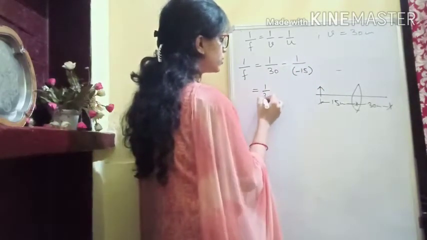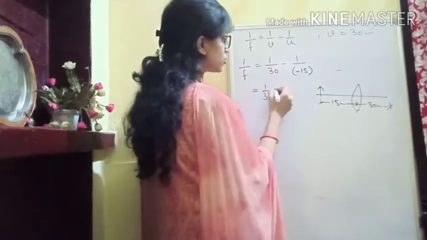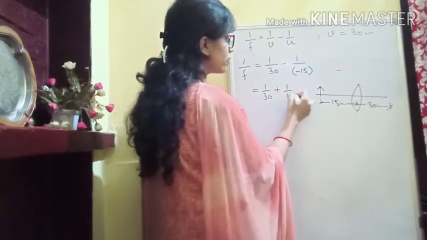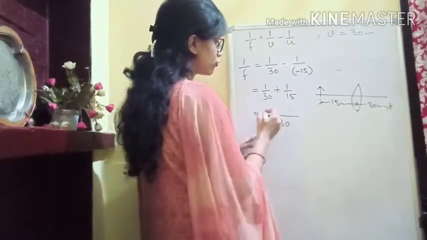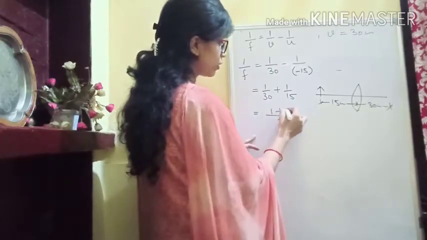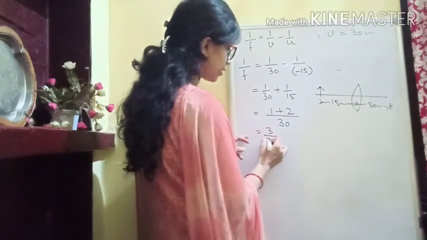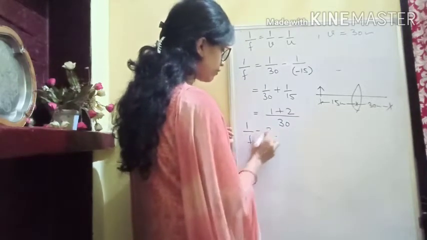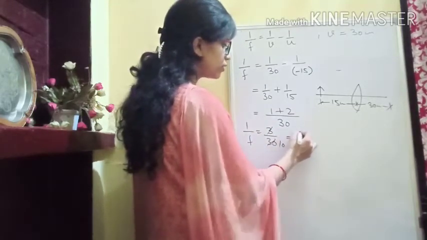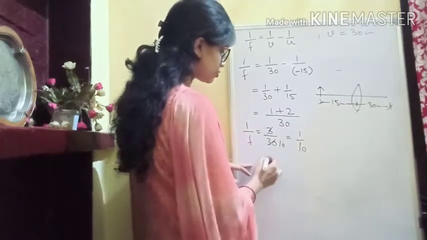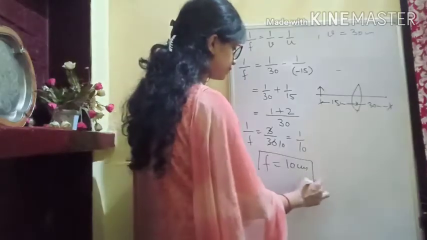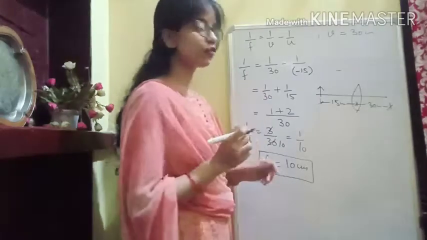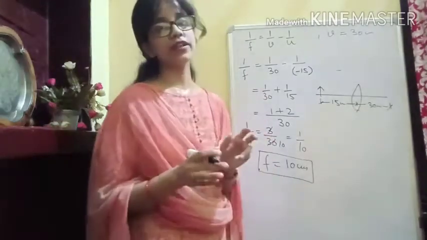So 1 upon 30, this minus and this minus will become plus 1 upon 15. So if we take the LCM, that would be 30. Now if you take the LCM, it will give you 1 plus 2, which is 3 by 30, 1 upon f, or it will be 1 upon 10. And when you reciprocate both sides, it will give you f equals 10 centimeter. This is your focal length of a convex lens.